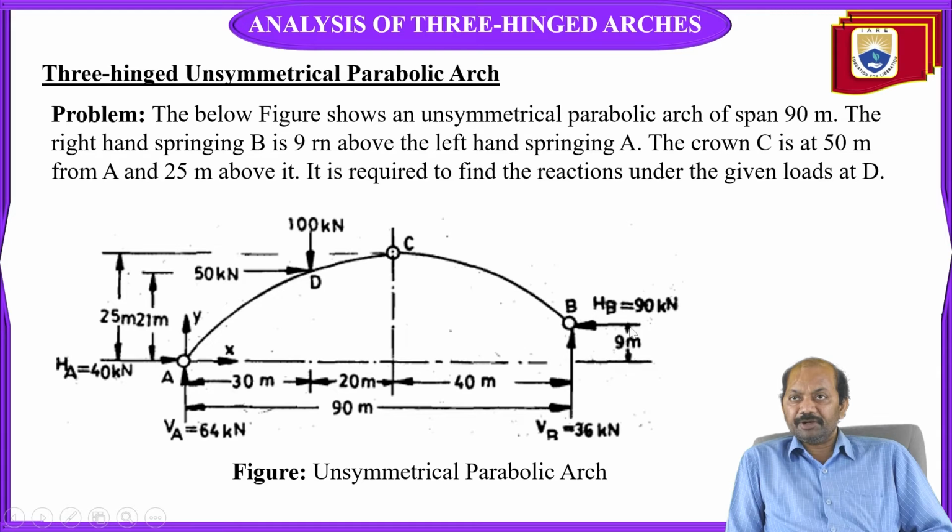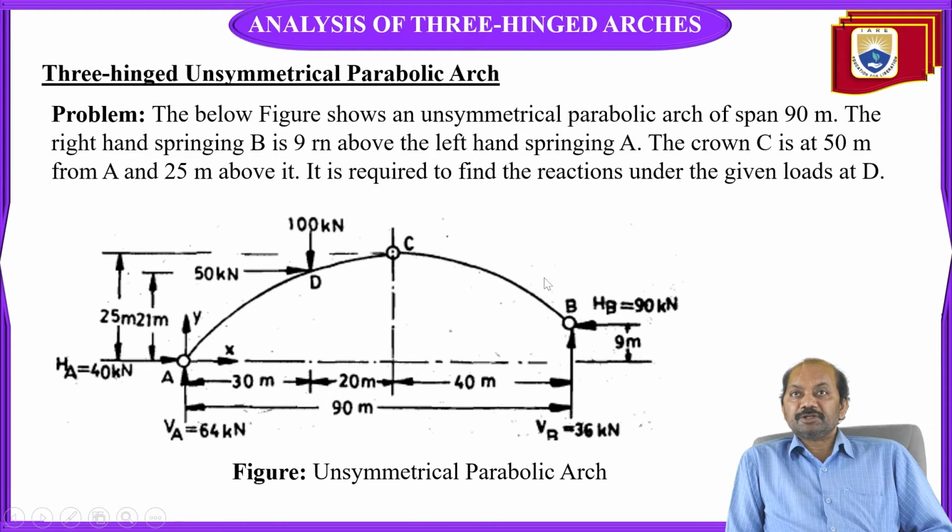That is why 9 meter above we located this, at a span of 90 meters. The crown C is at 50 meter from A, and 25 meter above it. That means here 25 meter.